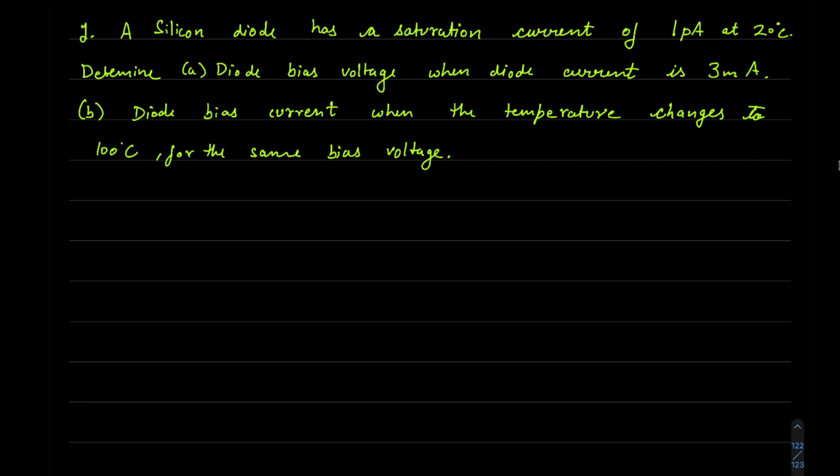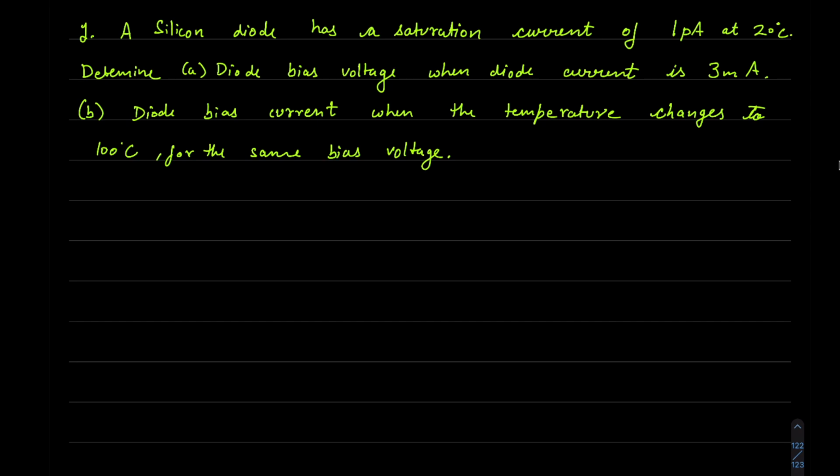So in this question, we have been given a silicon diode has a saturation current of 1 picoampere at 20 degrees Celsius. Now we have to determine diode bias voltage when diode current is 3 milliampere. Diode bias voltage is VD.